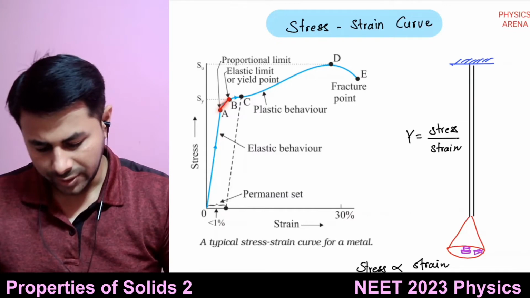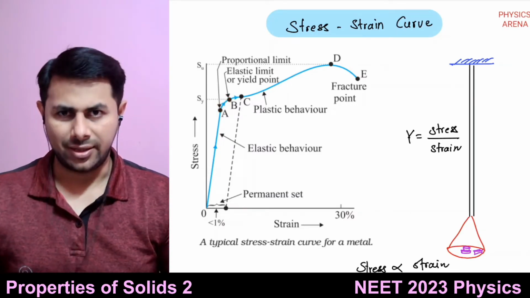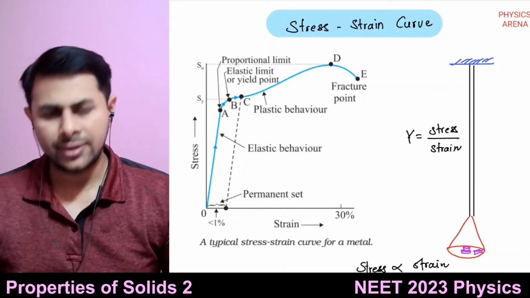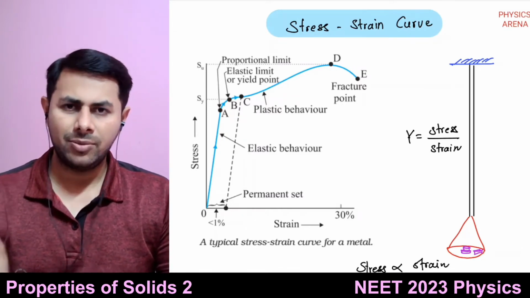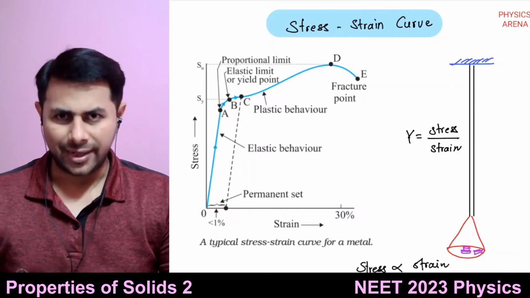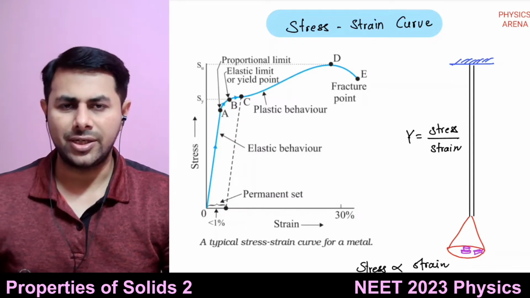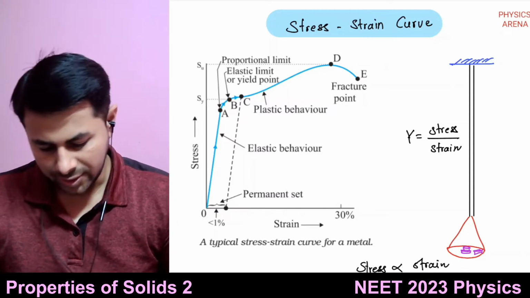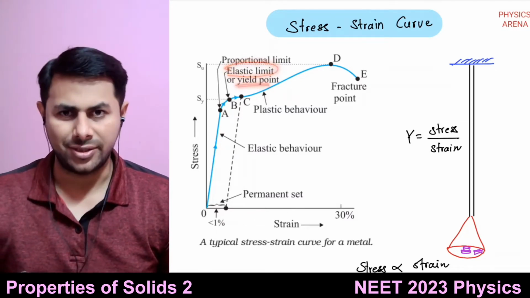So the wire elongates easily after this point A, but it is still elastic. If you remove the weights, it will still regain its original length. The point up to which it is completely elastic is known as the elastic limit, or also known as the yield point.